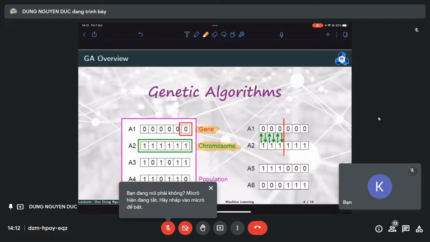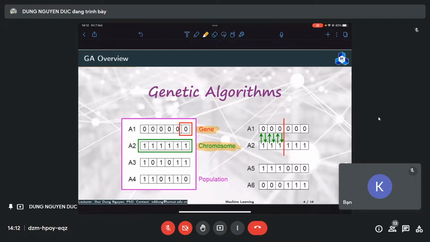Okay, and in genetic algorithms, there are some other terminologies like, well, you may know about this figure as some sort of mating, right? Two chromosomes are going to stay into the next generation by doing mating and making new offspring.